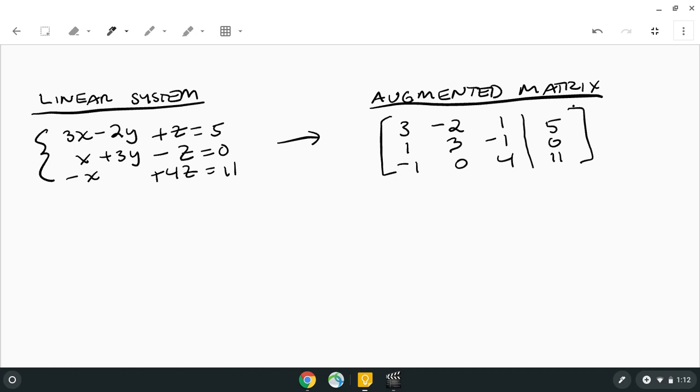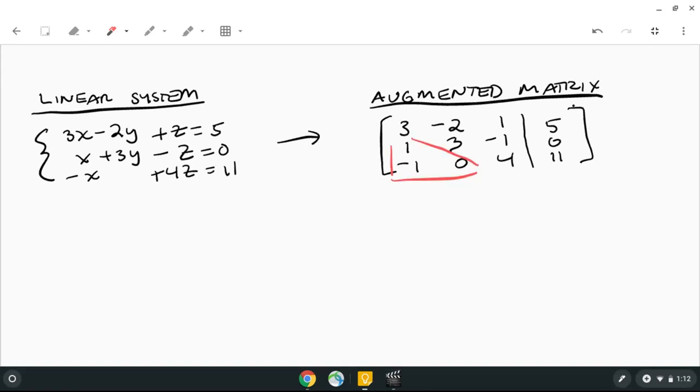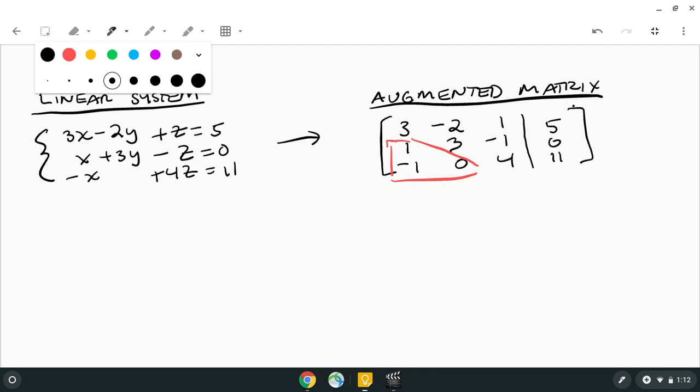So when we try to get these to all be 0, that would be our triangular form.